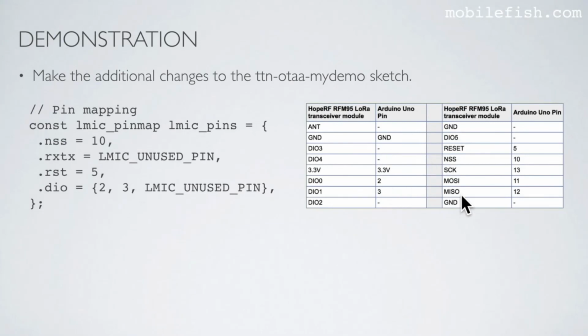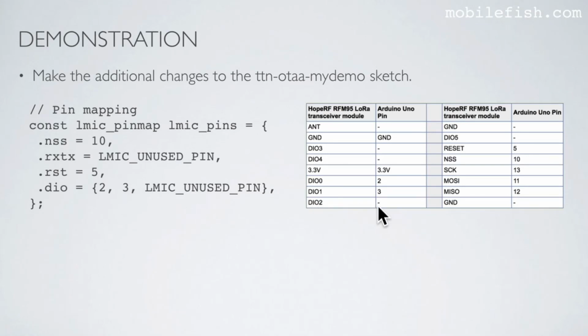These settings correspond with these settings. As you can see, slave select has pin 10, reset has pin 5, data input output 0 has pin 2, data input output 1 has pin 3, data input output 2 is not used.